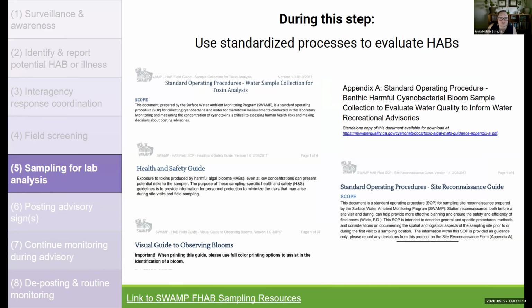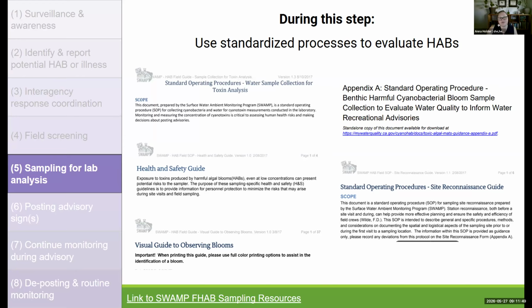So to support sample collection for step 5, sampling for lab analysis, our program has developed standardized procedures for sampling for harmful algal blooms in freshwaters and saline lagoons found along the coast. And these standardized processes are essential to efficiently use staff time and resources to generate really good quality data and information and make well-informed response decisions.